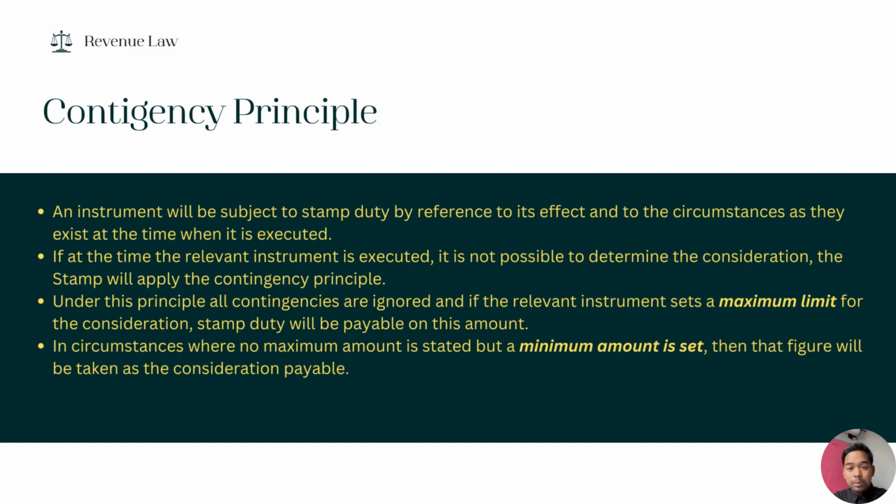So under this principle, all the contingencies are ignored, and if the relevant instrument sets a maximum limit for the consideration, the stamp duty will be payable on this amount. But in circumstances where no maximum amount is stated but a minimum amount is set, then that figure will be taken as the consideration payable for stamp duty.